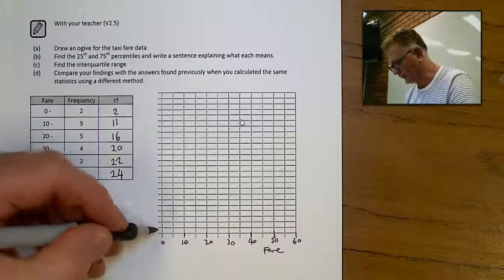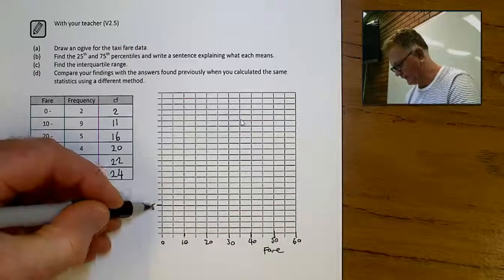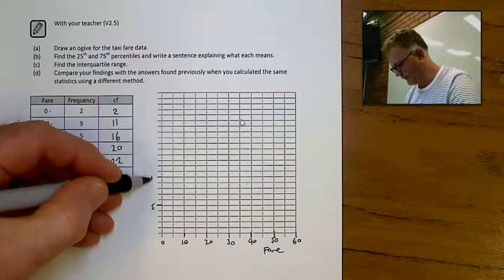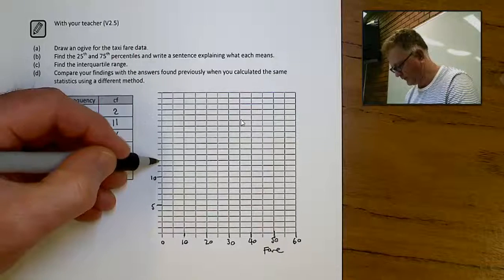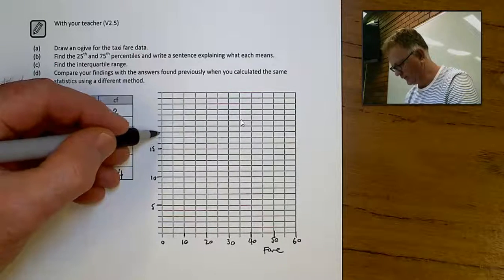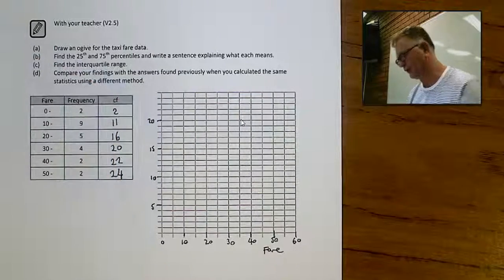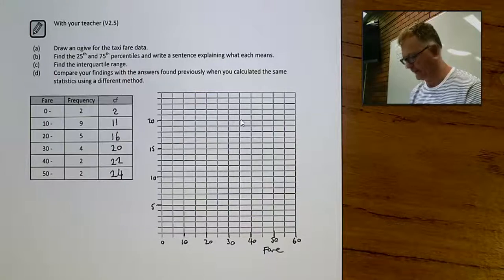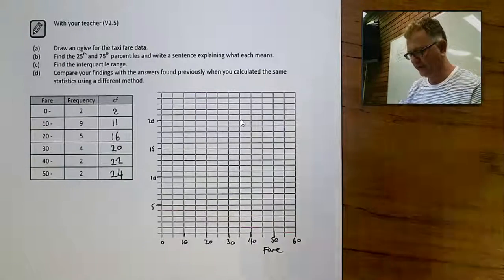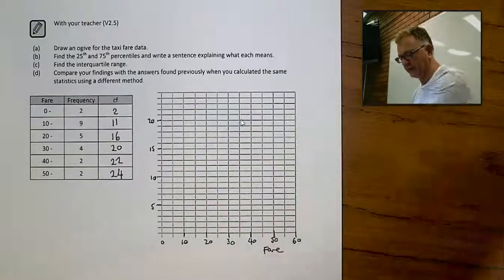That'll get us up to 24. 1, 3, 4, 5, 10, 15, 20, and we've got to get up to 24, so that will fit nicely. It's often best to draw a cumulative frequency histogram first and then just try and fit your ogive inside it.